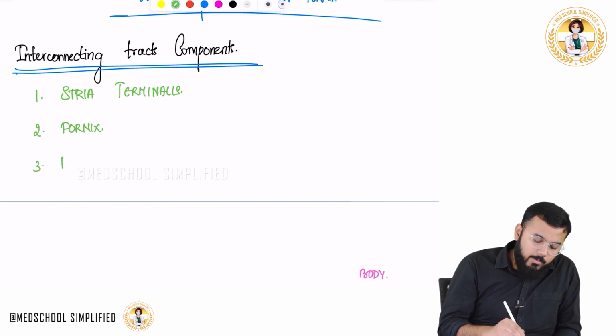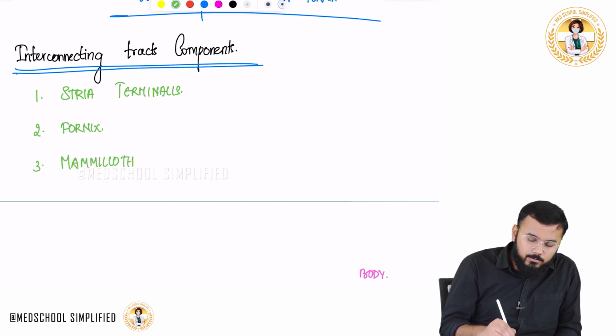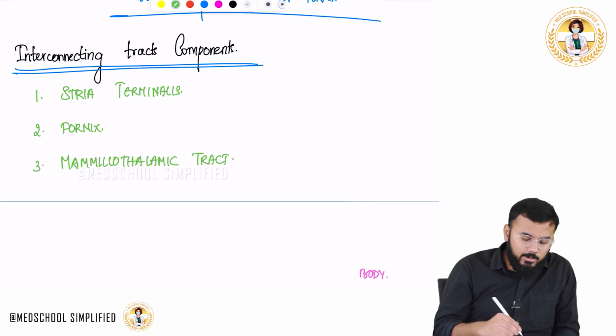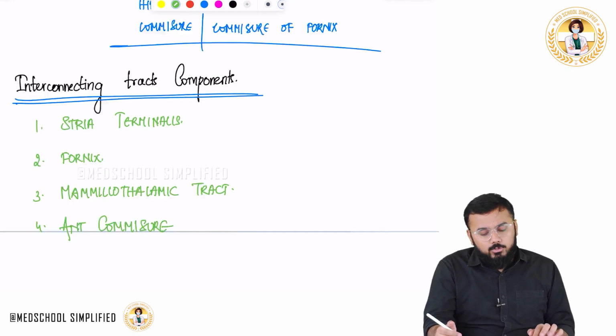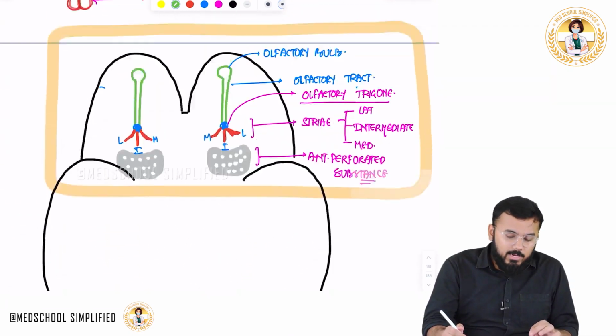Third important part is the mammillothalamic tract, and you also have seen where this mammillothalamic tract is located. And fourth important thing is your anterior commissure. So this completes the discussion of the limbic system.